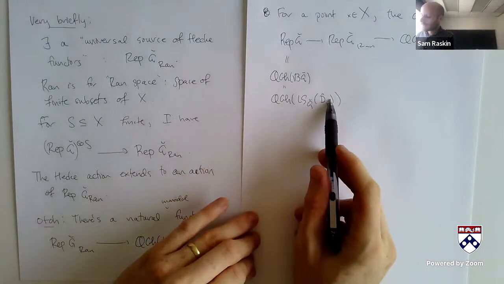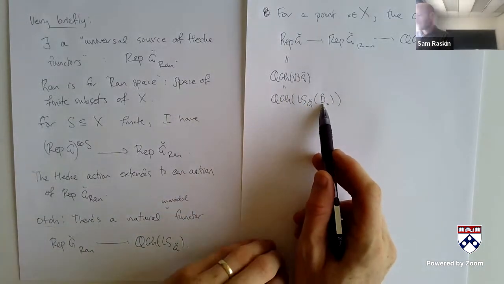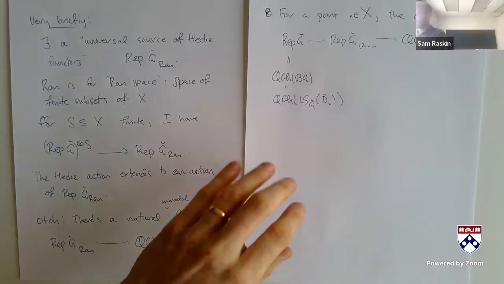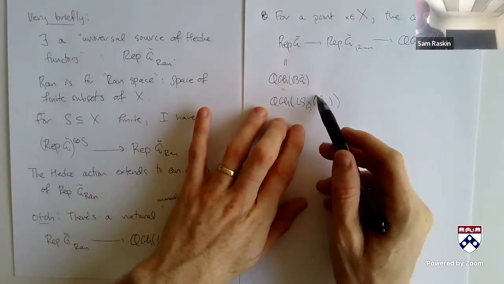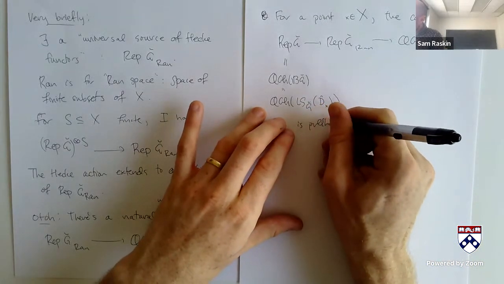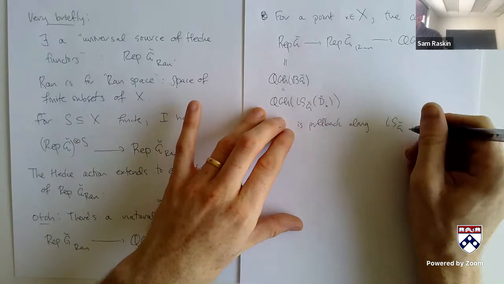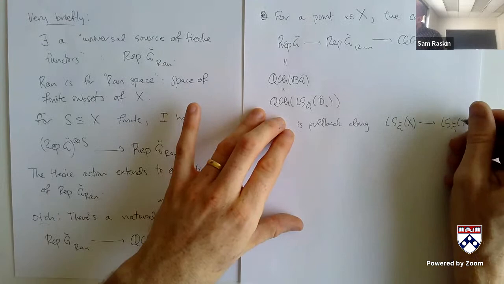If you think about local systems on a disk, technically algebro-geometrically, this is the formal disk. On a small disk there are no nontrivial local systems, they're all trivial, but that one local system has some automorphisms, and the formalism of stacks says things work like this. And this is pullback along the natural restriction map that takes a local system on X to a local system on the disk.